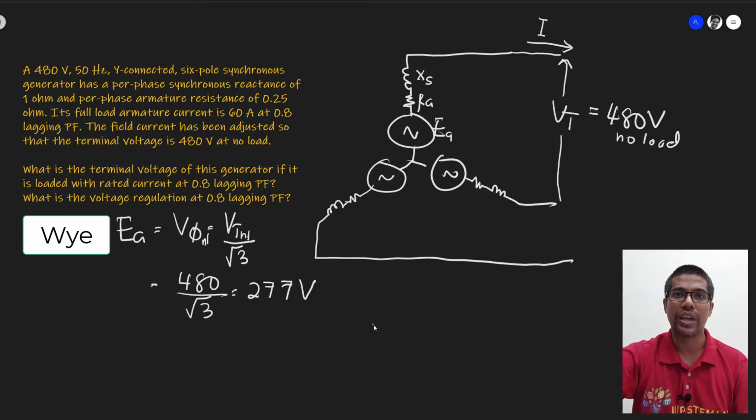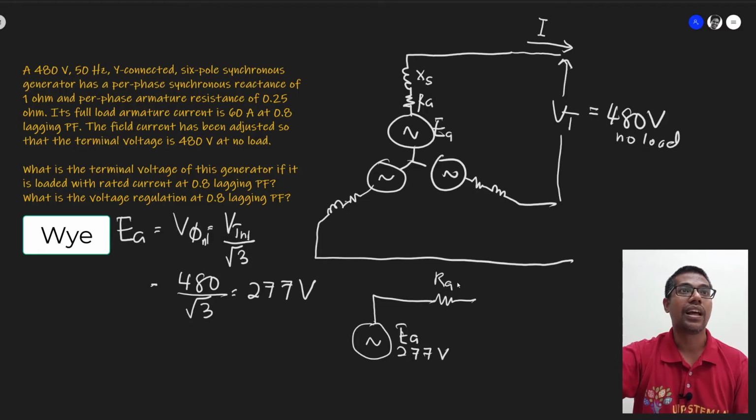So what we have is our EA, 277 volt, then we got our RA, armature resistance, at 0.25 ohm.